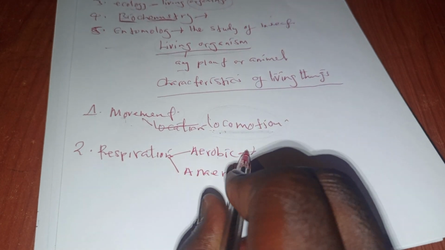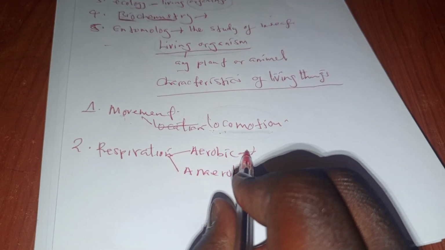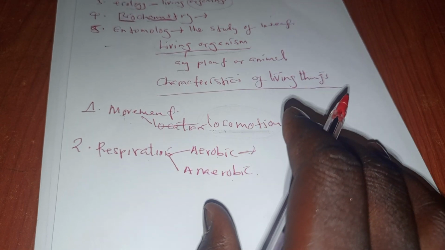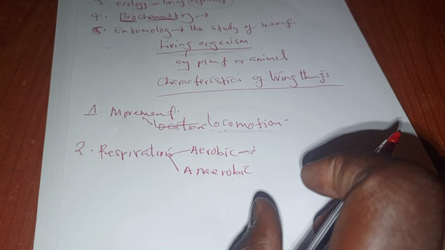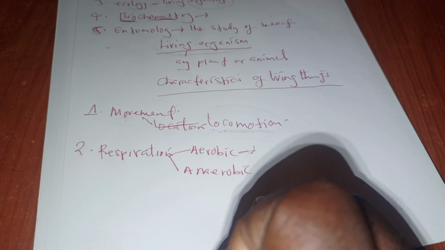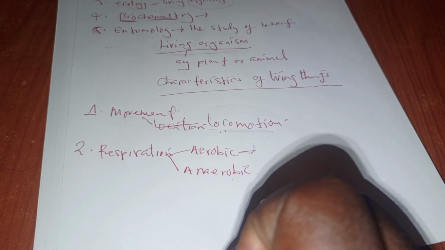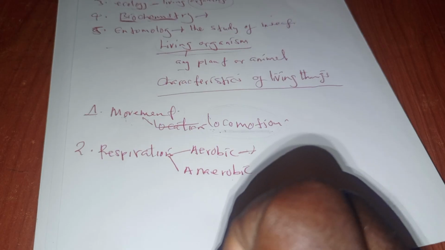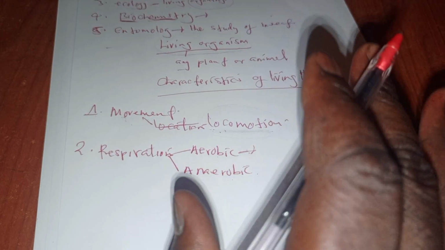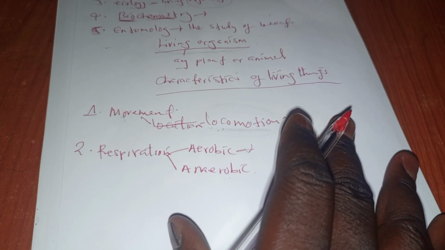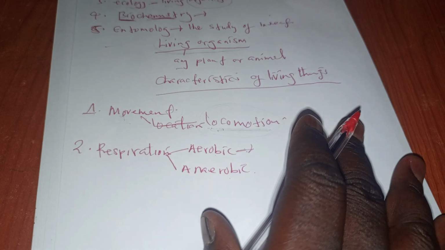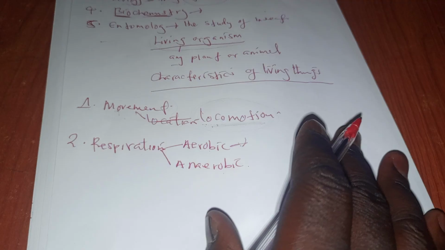Aerobic respiration is the release of energy from a food substance inside the living cells in the presence of oxygen. Anaerobic respiration is the release of energy from food substance inside living cells in the absence of oxygen.